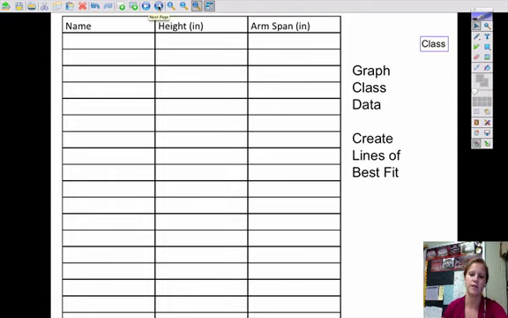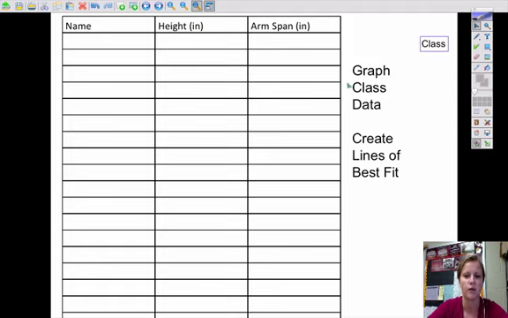And then for the activity today, we're going to measure your height and your arm span. So at the front of the room, under the table, there are meter sticks, and you guys are going to write your name and then your height in inches and then your arm span in inches. So if you spread your arms out from fingertip to fingertip, what's your arm span?